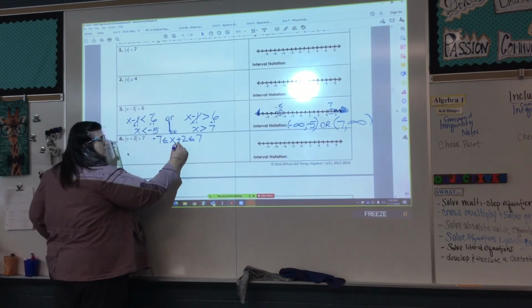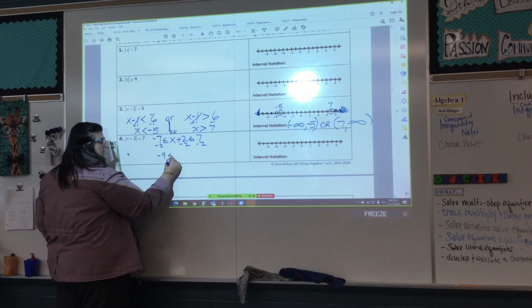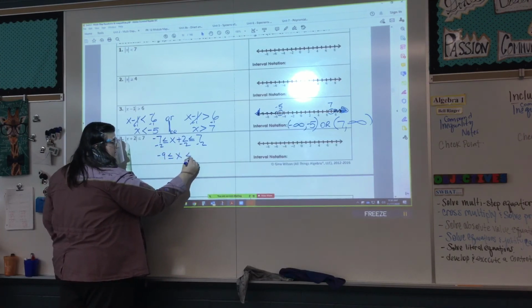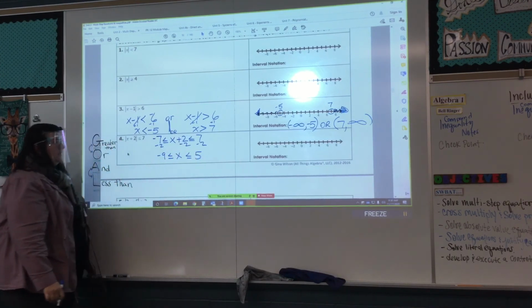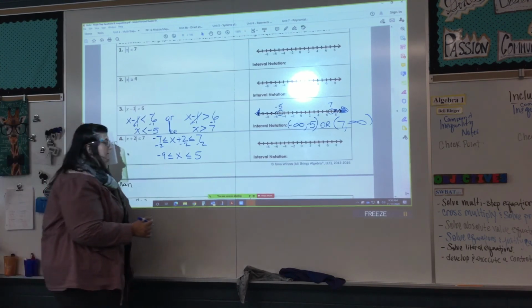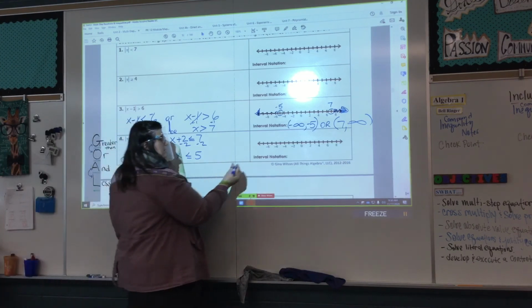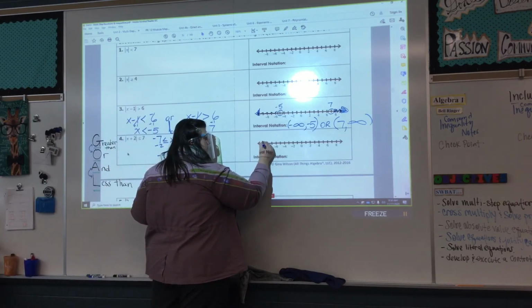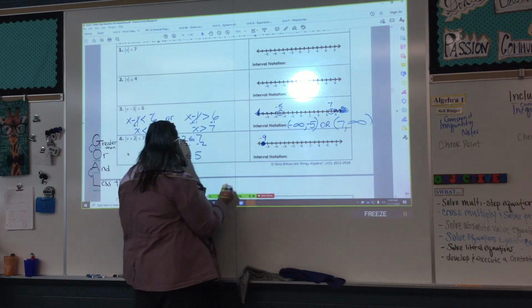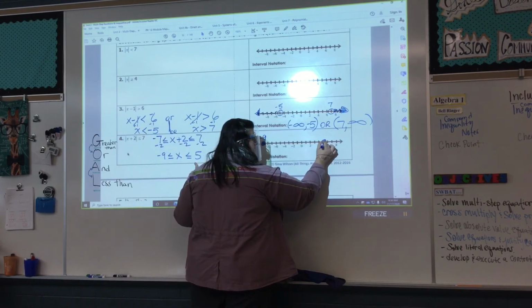Solving this, what I do to the middle, I have to do to the sides. So -9 is less than or equal to x, which is less than or equal to 5. X is by itself, it's in the middle, I can graph this. On this graph I'm looking at -9. I have a line underneath, so that's a closed dot. At 5, another closed dot.